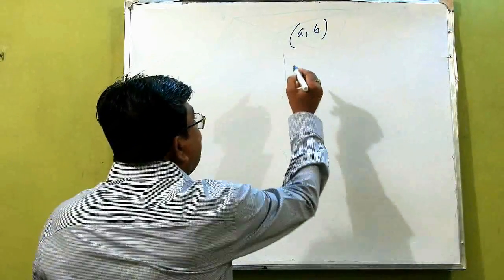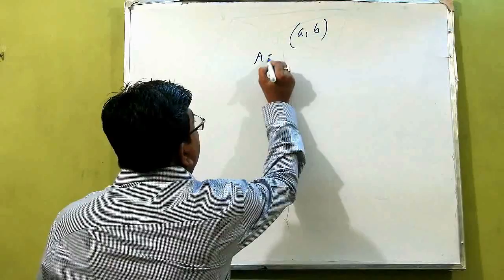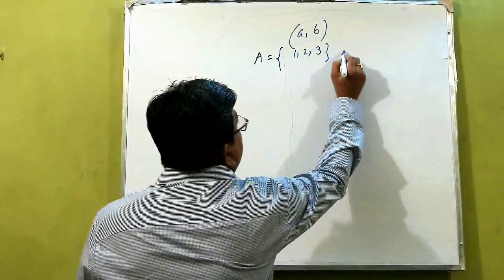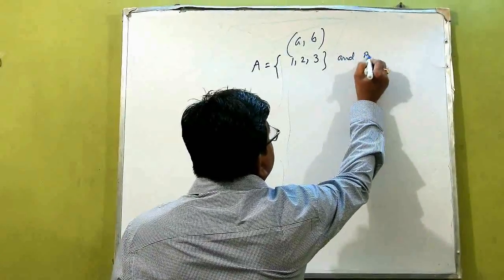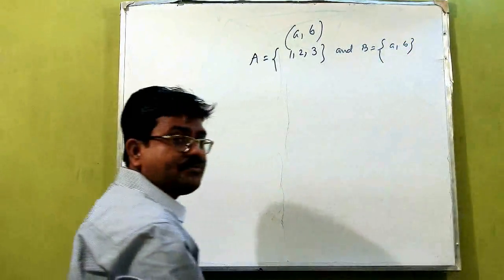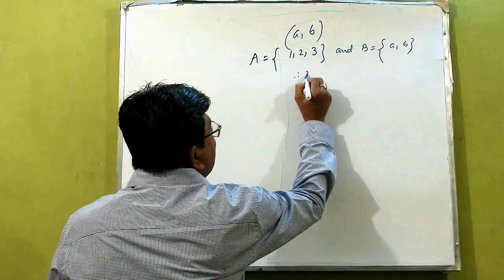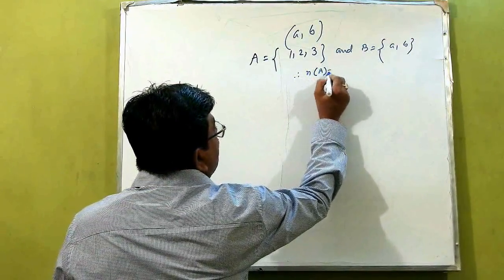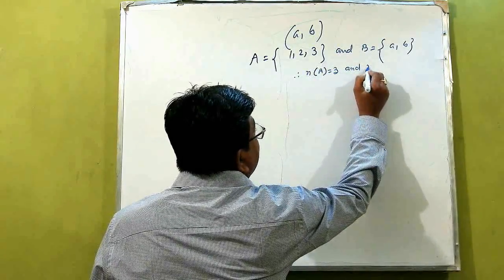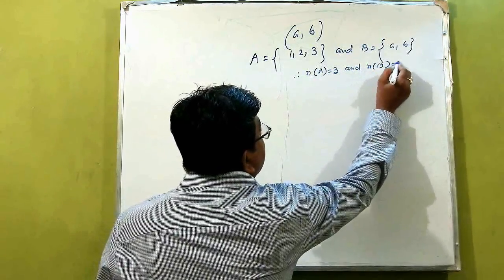Let capital A be a set which contains elements 1, 2, 3, and capital B be a set which contains elements small a and b. Therefore, the cardinal number of the set A is 3 and the cardinal number of the set B is 2.